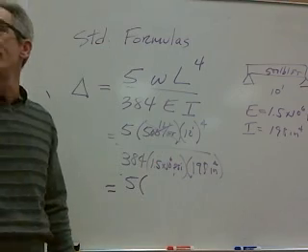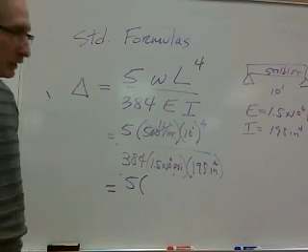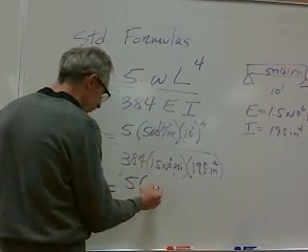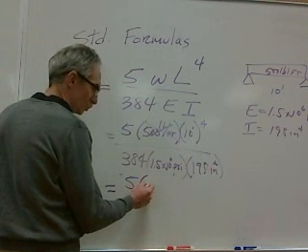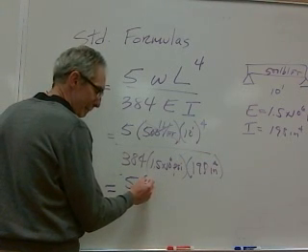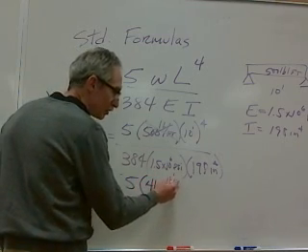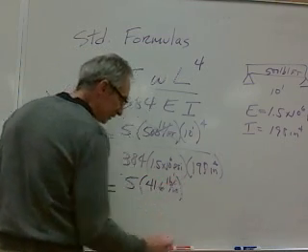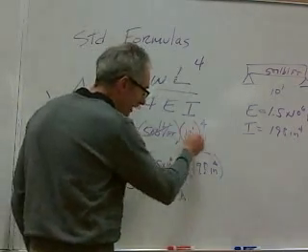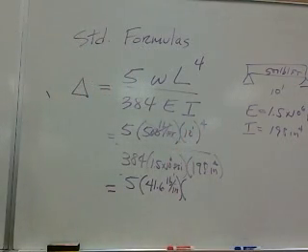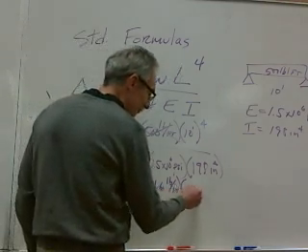So 500 divided by 12 gives you what? So this is pounds per inch. What about the 10 feet span length? You would multiply that by 12. Let's put that into inches.